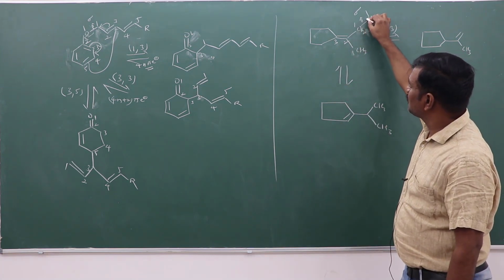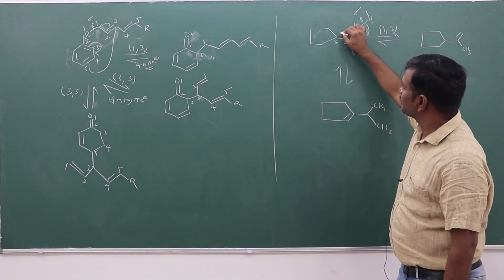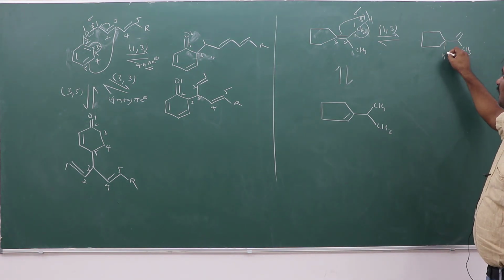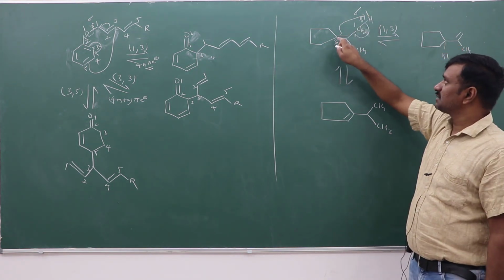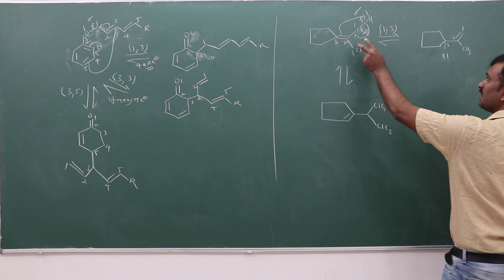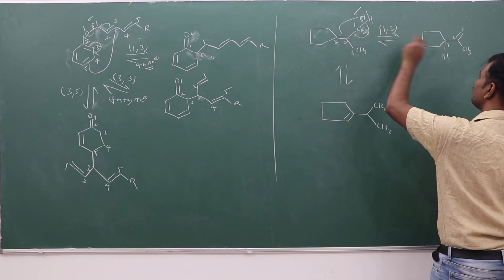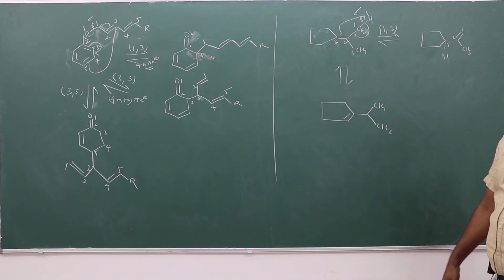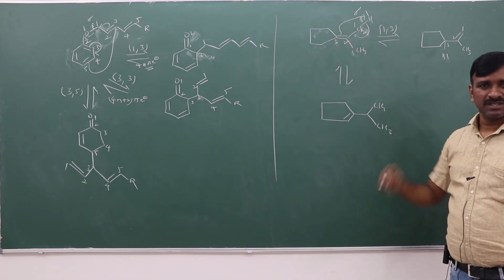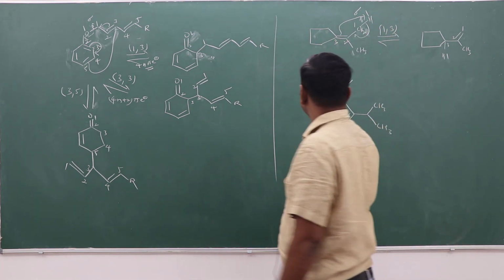That means here it is a shift from the 1,1 position to the 1,3 position. If it is hydrogen, from the 1,1 position to the 1,3 position, and between 1 and 2 positions, what will happen? Pi bond formation takes place. The shift is which shift? 1,3 shift. 1 position to the 3rd position. 1,3 shift.